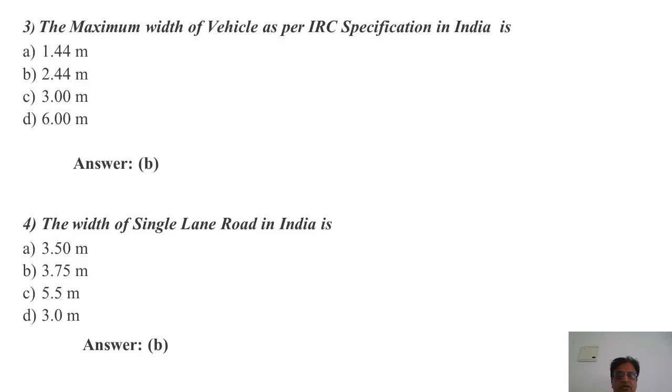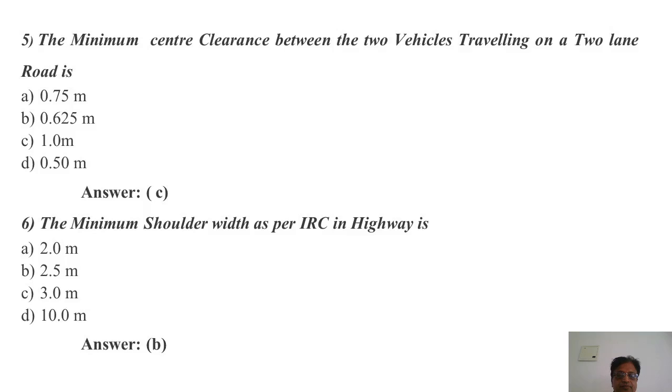The width of the single lane road in India is 3.5 meter, 3.75 meter, 5.5 meter, 3 meter. Answer is B, 3.75 meter, whereas 5.5 meter is for an intermediate lane. The minimum center clearance between two vehicles traveling on a two-lane road is 0.75 meter, 0.625 meter, 1 meter, 0.5 meter.